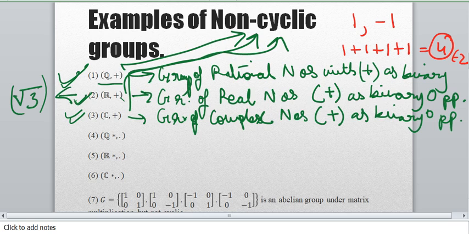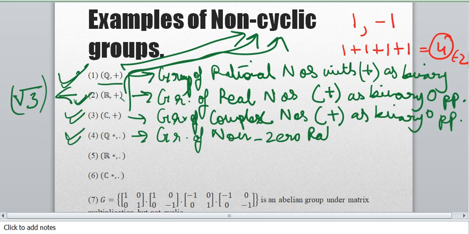It will be a group of non-zero rationals with multiplication as the binary operator. You can see the dot here. Let's put the dot here. Here also I can't see the dot, so I just want to put it on my own.